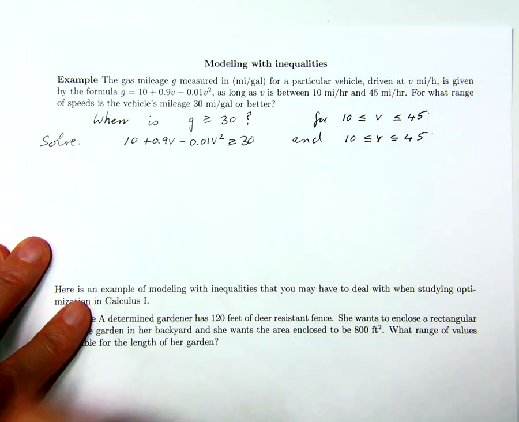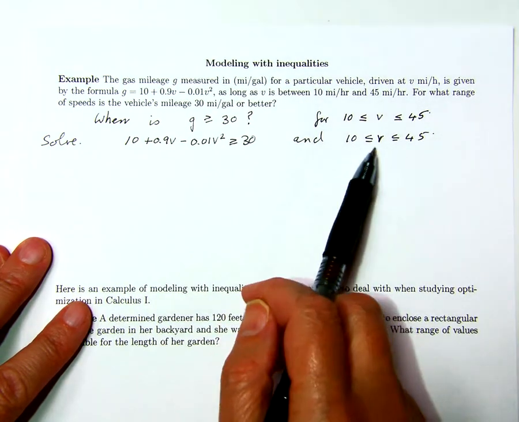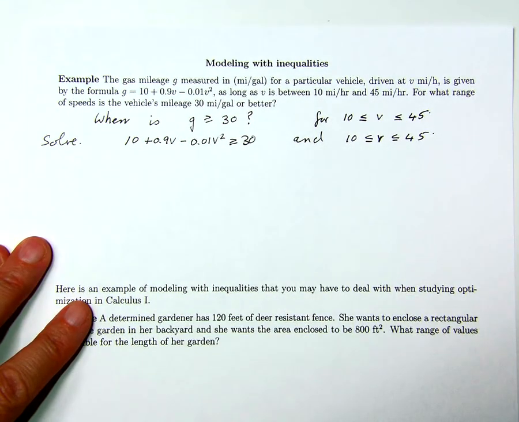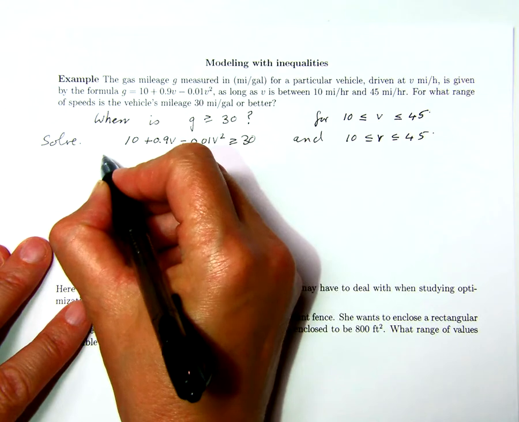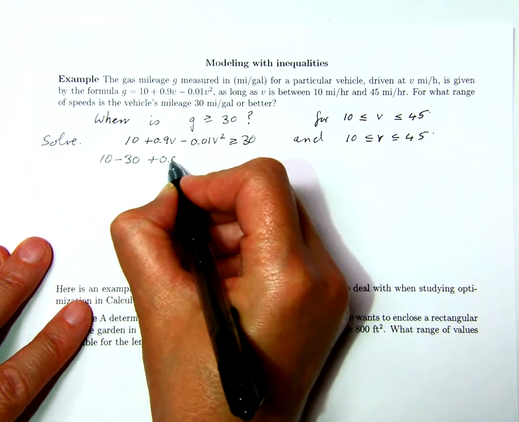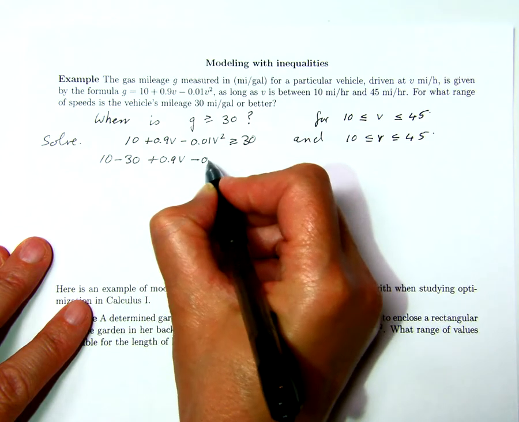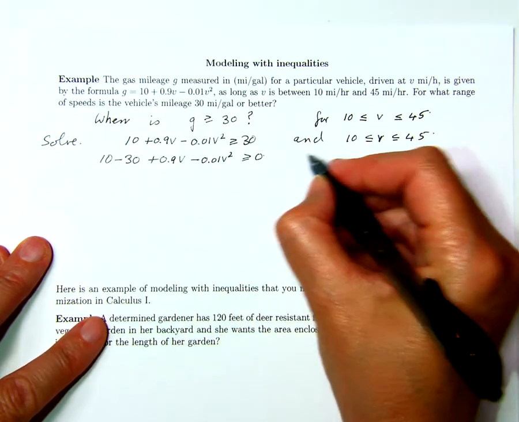Well, yes, we can. This one's going to be a quadratic, and this one's already giving us an interval for values of V. So here I'm going to bring this 30 over to the left-hand side, and I get 10 minus 30 plus 0.9V minus 0.01V squared greater than or equal to 0.